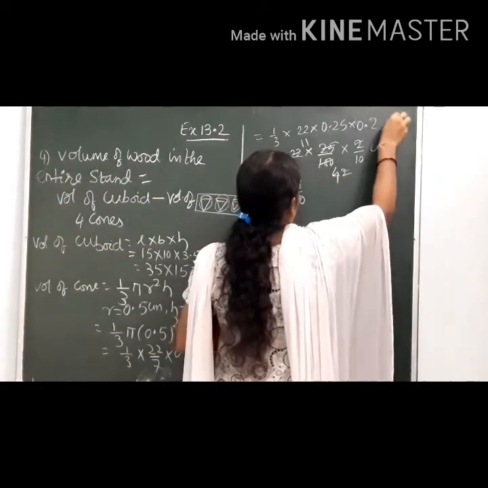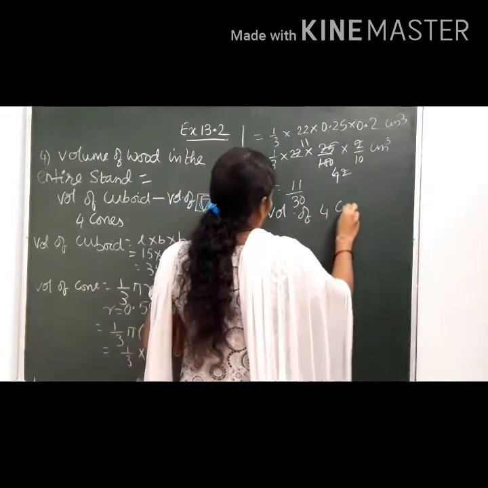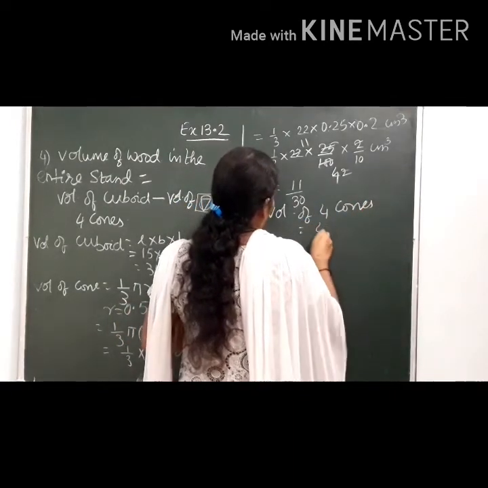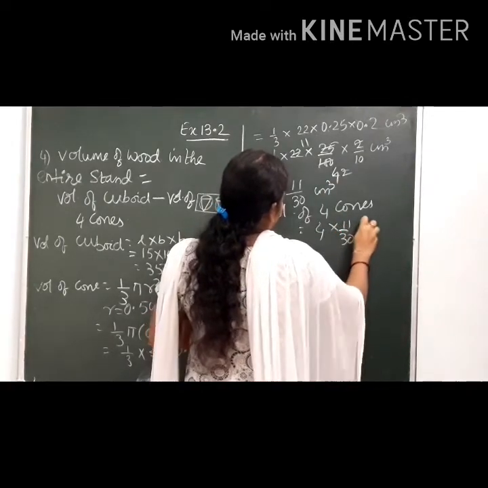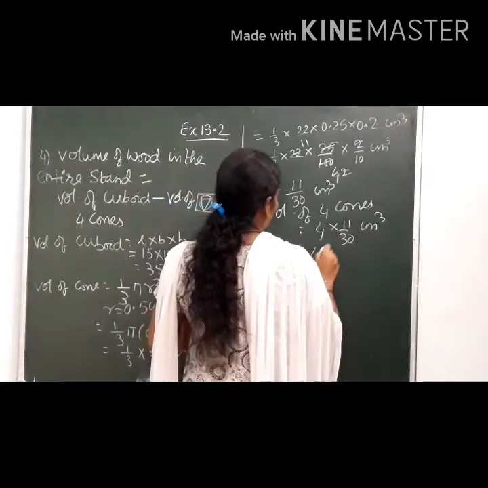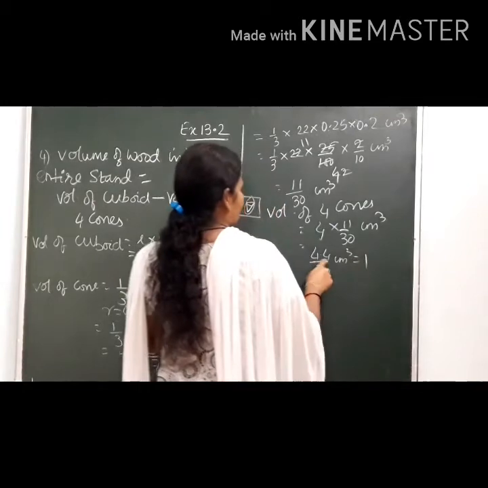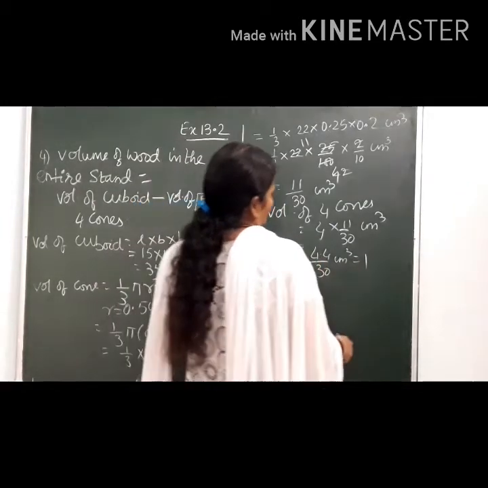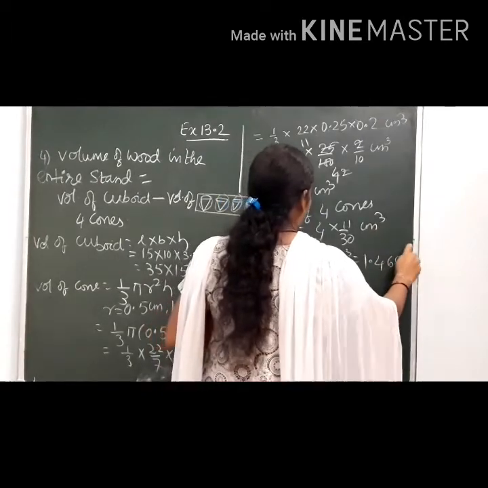Next, the volume of 4 cones. 4 depressions are there. The volume of 4 cones is equal to 4 into 11 by 30 centimeter cube. So we get 44 by 30 centimeter cube, which is 1.46 centimeter cube.